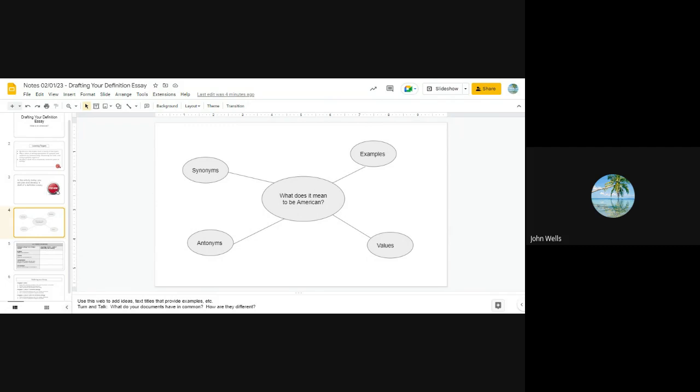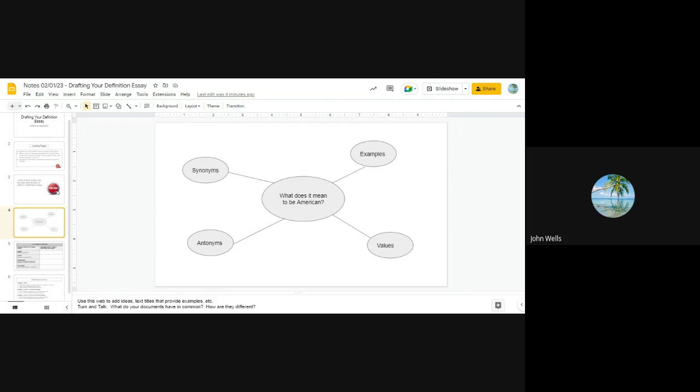Antonyms in the bottom left are things that are not. These are the opposites, the negatives of, if you will. In the top right, we have examples. These would be shining examples, people like, this person is a good example of an American, or this kind of person. Maybe it's not a particular individual, but a type of people, right?